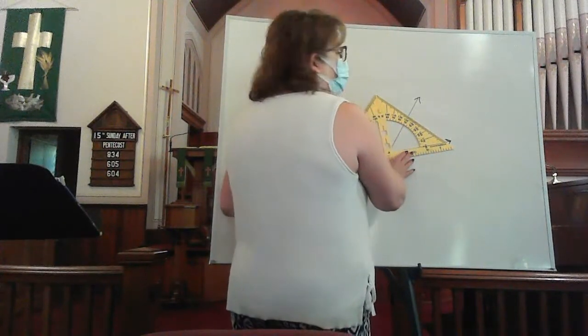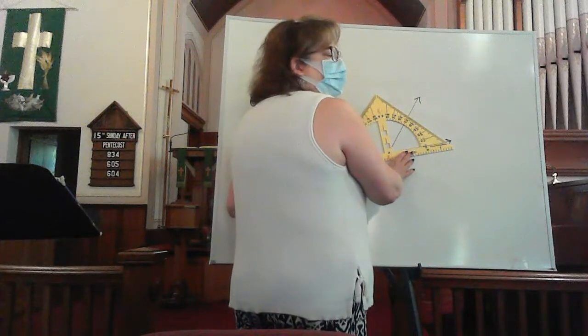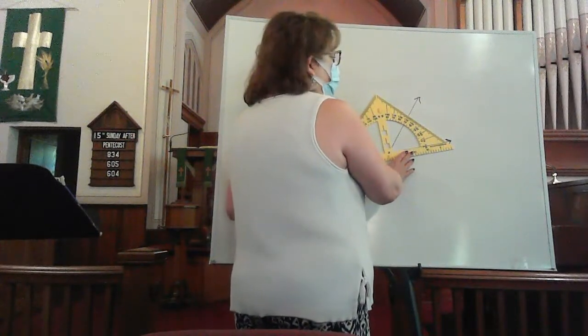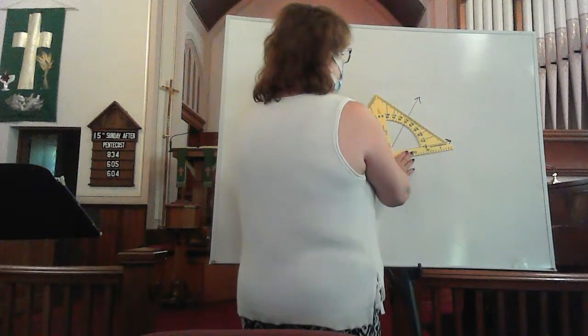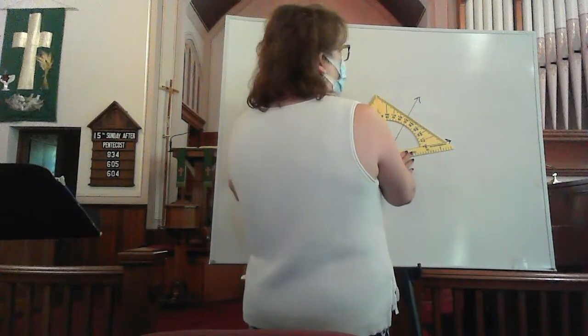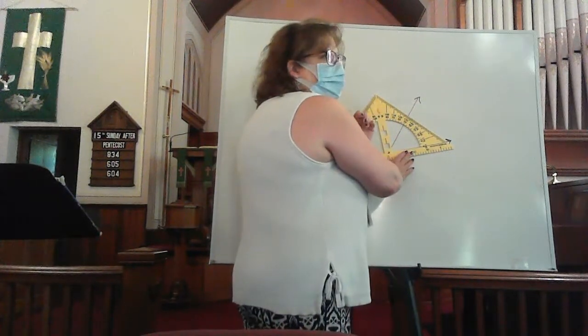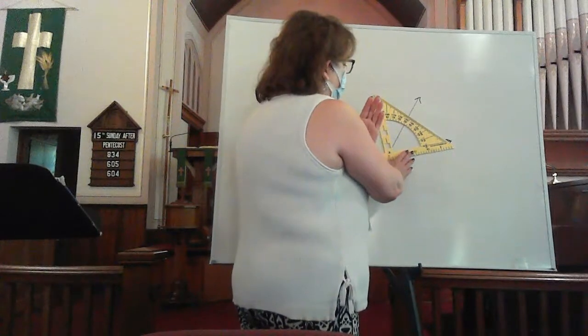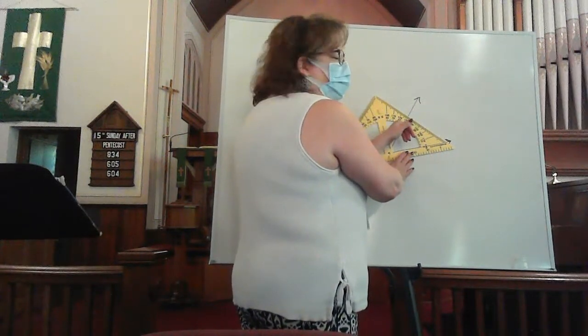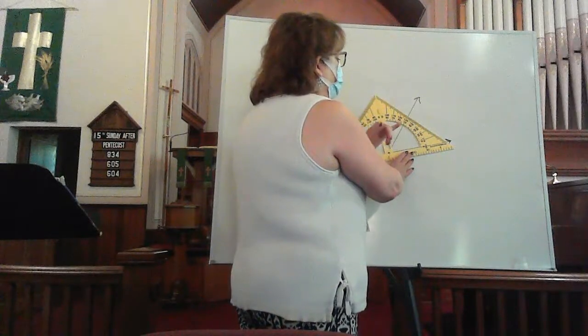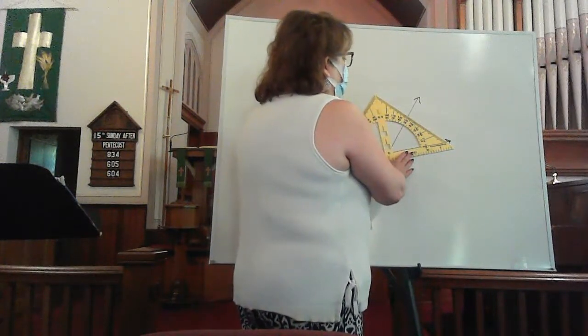Now, right above it is 130. But I know with my common sense that 130 can't be the answer, because 130 would be like a wide open angle. Remember, 90 is the straight up and down. So it can't be 130. It's got to be that lower number.